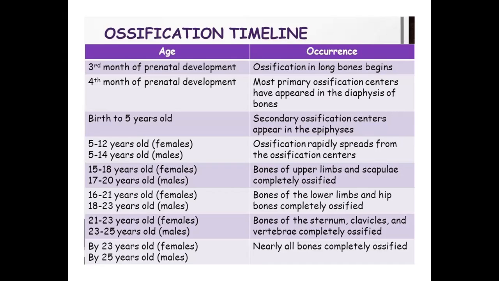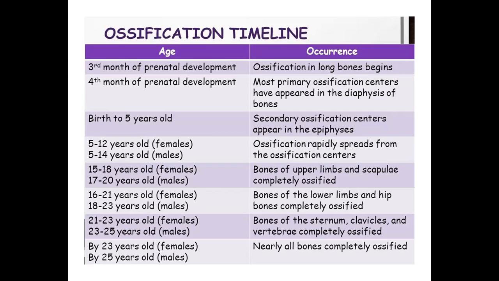And then from 5 to 25 years, you have different levels of ossification that are spreading, with different lengths of time it takes to completely ossify the upper limbs, the lower limbs, and the other bones throughout the body. By the time you are 25, 23 to 25, depending on gender, nearly all of your bones have ossified.